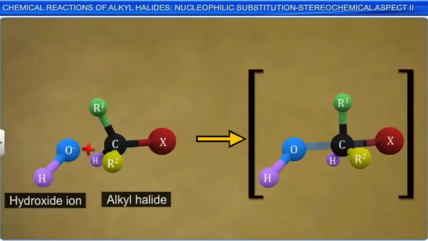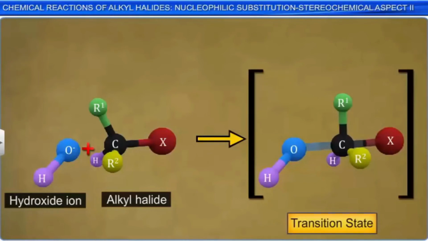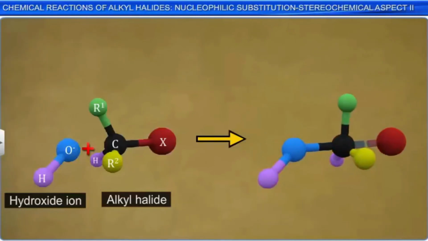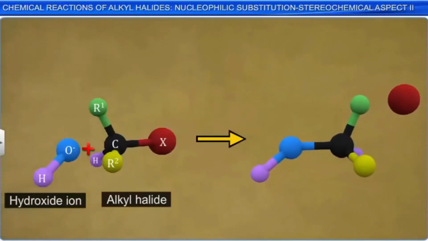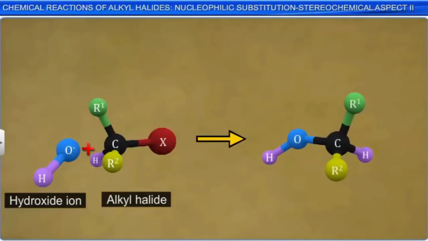This results in an unstable transition state with 5 bonds. These bonds in the transition state are distorted from the tetrahedral geometry of an alkyl halide. They exist as a planar spoke arrangement for a short time. Then, the leaving group is expelled and results in a product with a complete inversion of configuration.